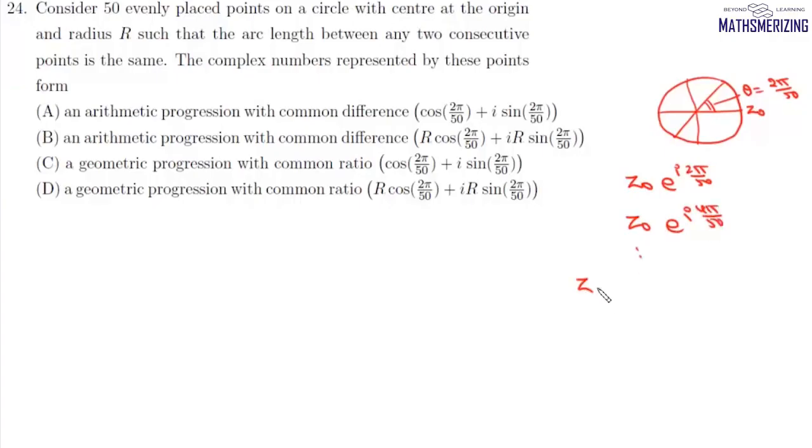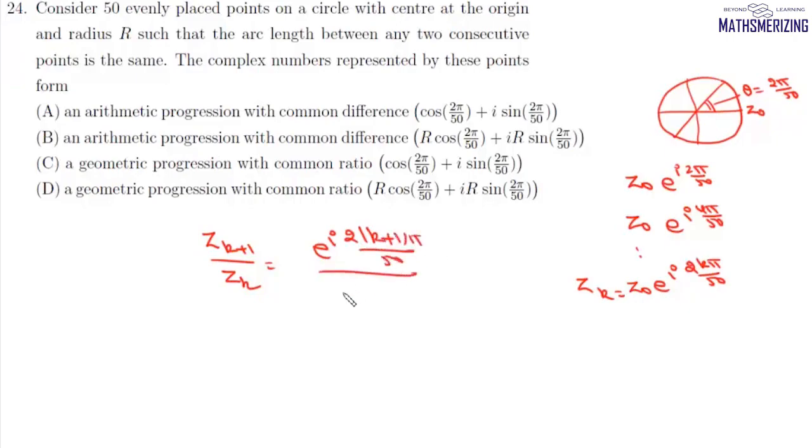So any general point can be expressed as e to the power iota 2k pi by 50. Now if we take any two successive points and we find z(k+1) upon zk, it will be e to the power iota 2(k+1) pi by 50 upon e to the power iota 2k pi by 50. Now this value will be e to the power iota 2 pi by 50.